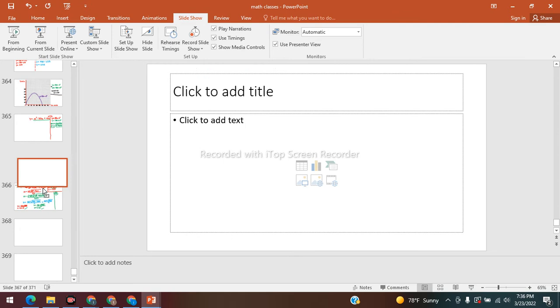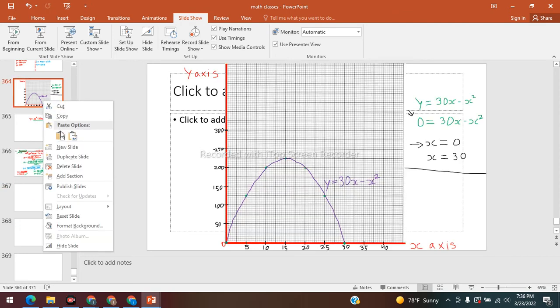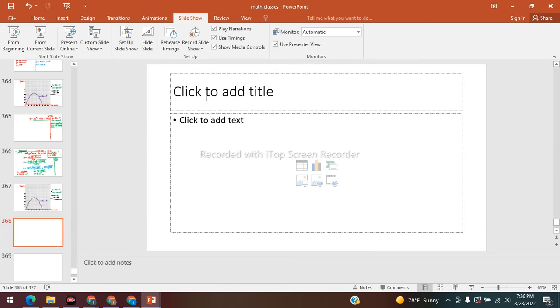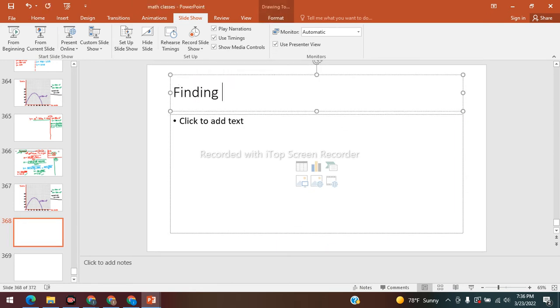So, finding the slope in a quadratic function.